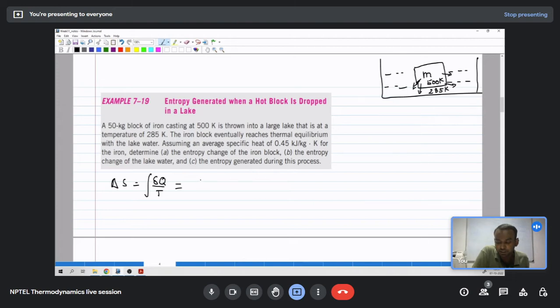For delta Q, we have mc dT by T over the integral. Here the mass will be constant throughout the process, and we can assume an average specific heat of 0.45, so that is also constant during the temperature change. So this can be written as mc into ln of, so this changes from state 1 to 2.